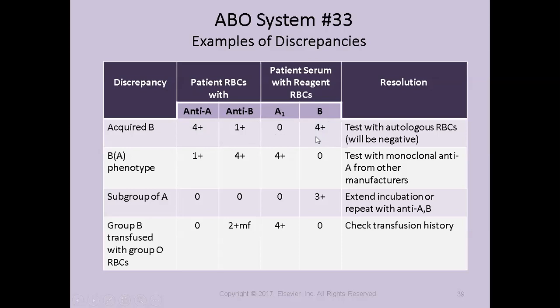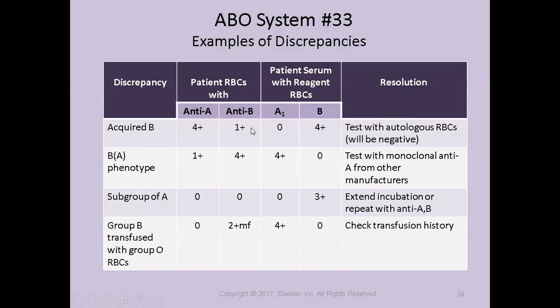So that's a discrepancy. Which reaction are we going to be suspicious of? Remember, one of the things you want to look for is a reaction that is much weaker than the others. When we look at this anti-B, we can see 1+, which is really weak for ABO reactions.